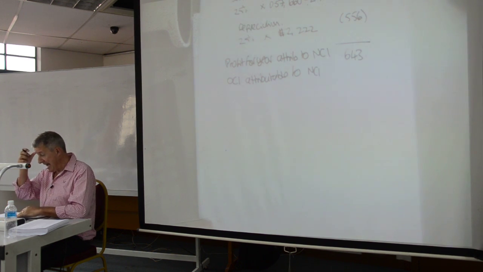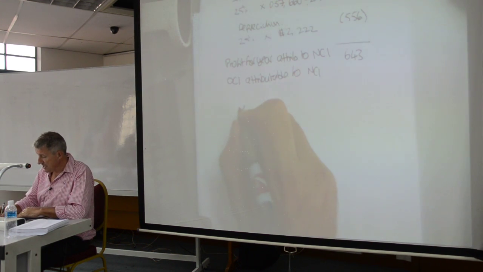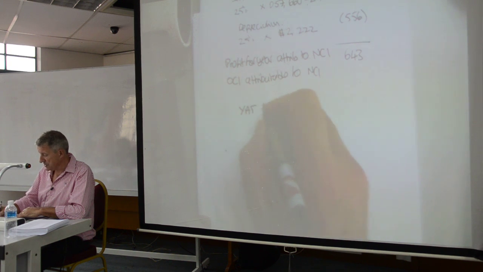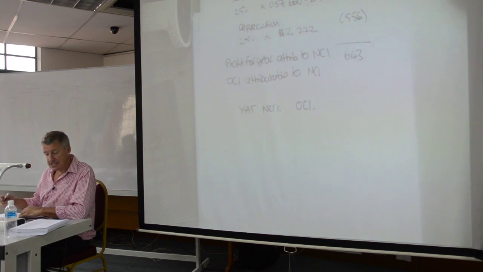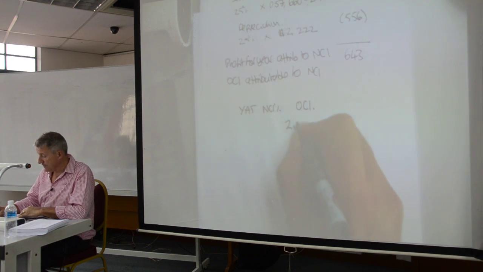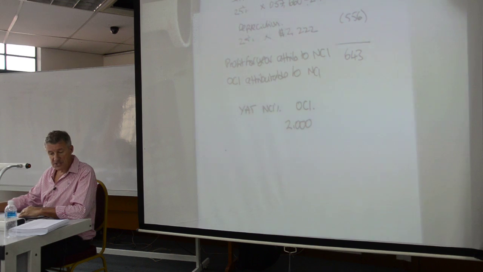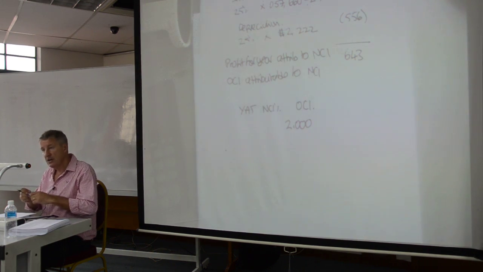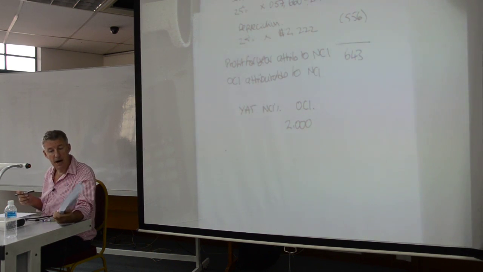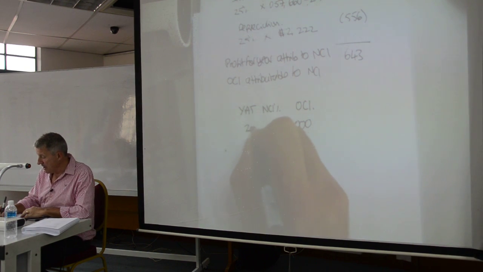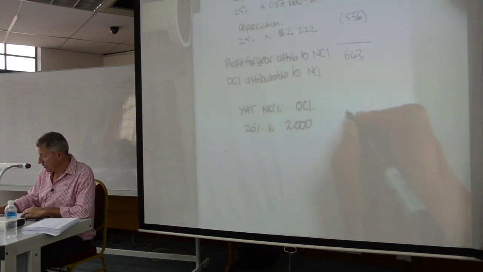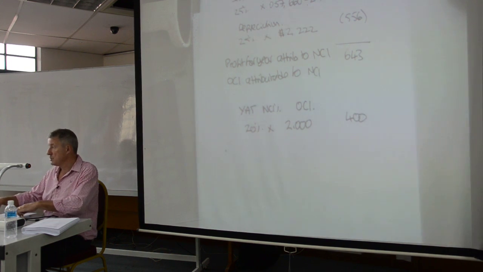If I am YAT, I can see that so far as YAT is concerned, there is an NCI percentage in its other comprehensive income. Because YAT has got other comprehensive income of 2,000. And the NCI in YAT are deserving of their share of that number. It's an 80% subsidiary, so YAT's NCI is 20%, so therefore there will also be a contribution of 400.